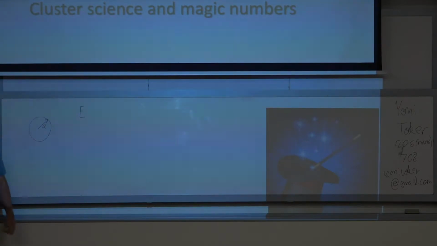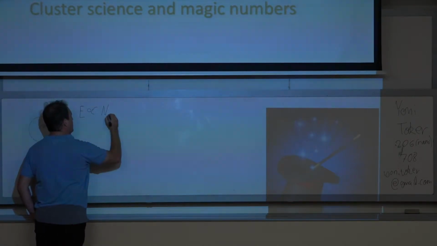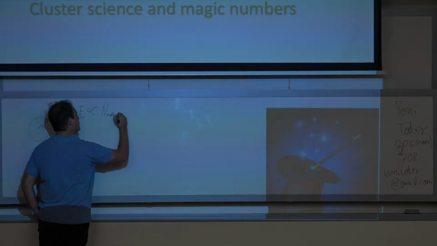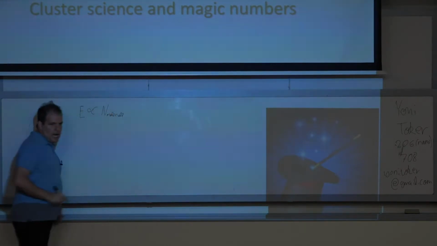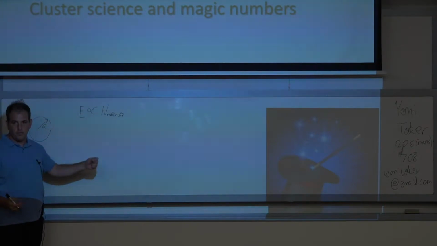Okay, so you may think, well, the energy scales with the number of atoms. The more atoms you have, the more energy is inside, or the number of molecules. So you say, okay, the energy will scale with the number of molecules. And the number of molecules scales with the volume, right?